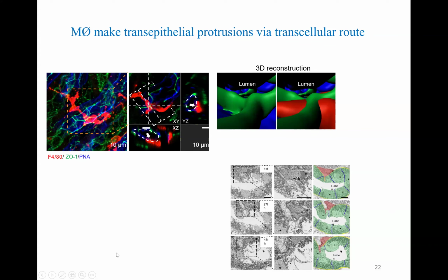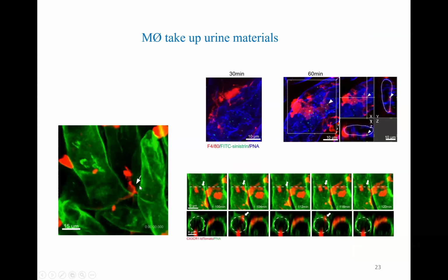During the imaging sessions, although the cell bodies of most juxtatubular macrophages remained immobile on the epithelial monolayer, their transepithelial protrusions displayed dynamic extension and retraction movements, appearing to sample the urine contents.